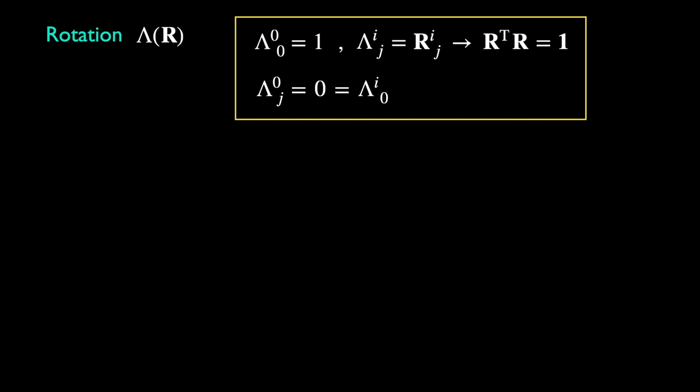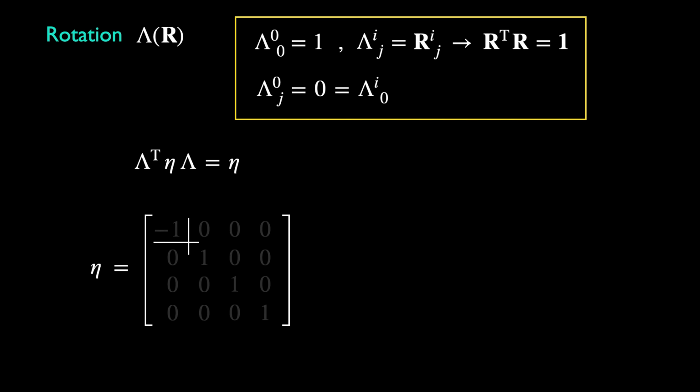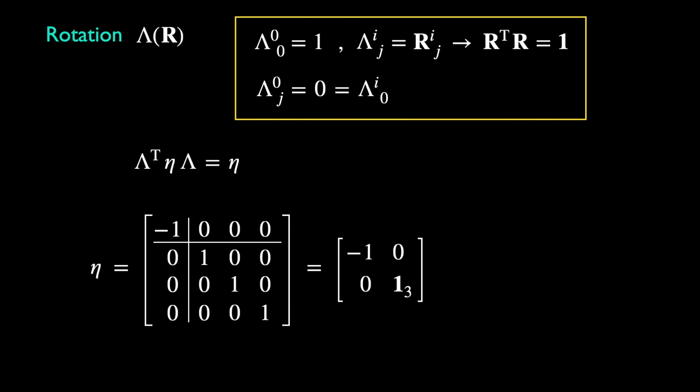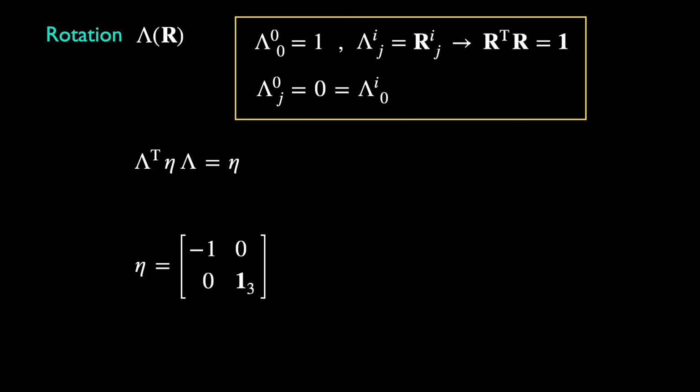We can easily show that a rotation is a Lorentz transformation by looking at the matrix representation of the invariance equation. For simplicity, we have abbreviated the 3x3 identity matrix by this notation. This is the matrix eta.